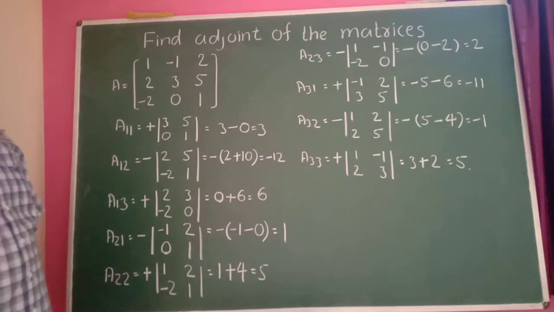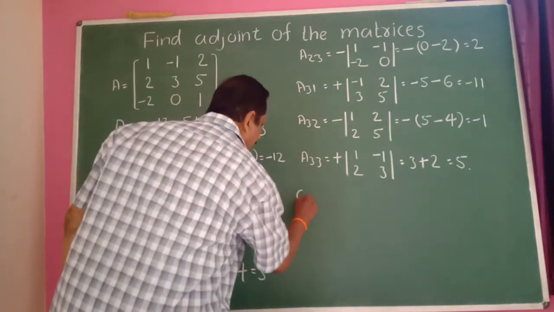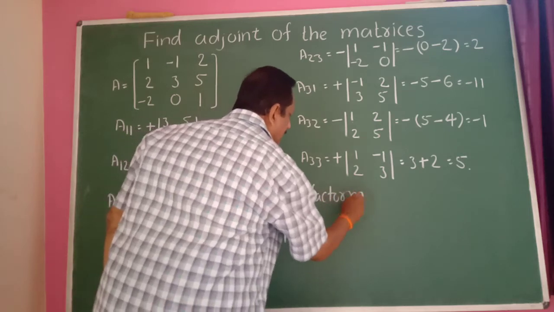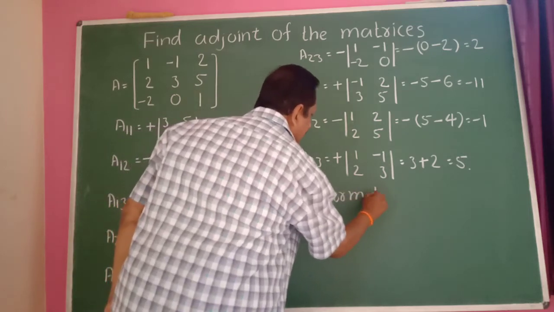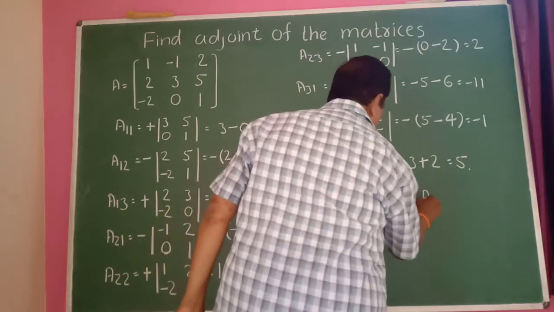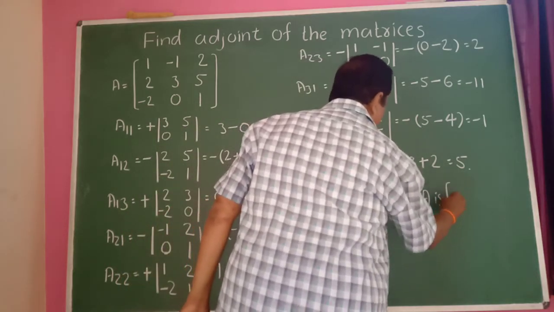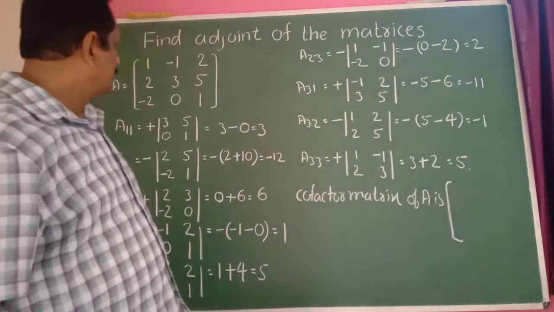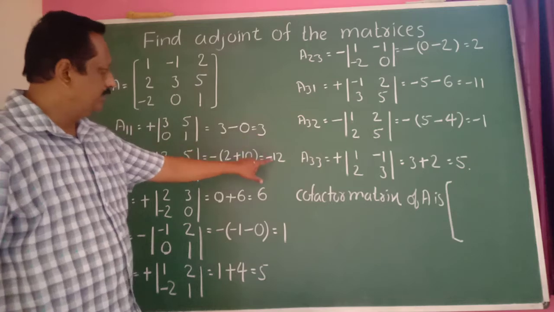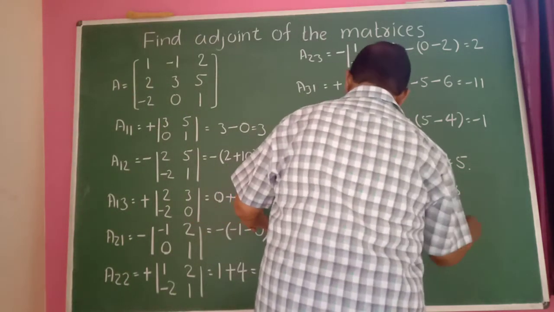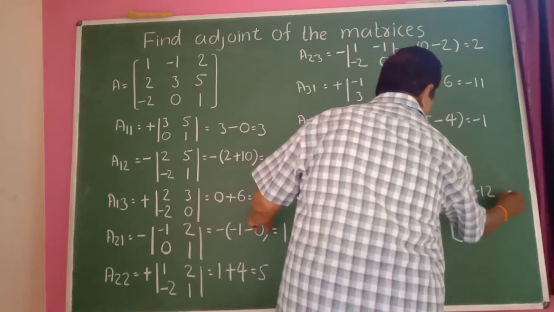Then write the cofactor matrix here. So cofactor matrix of A is this matrix here. Remember it here. So 3, minus 12, plus 6.